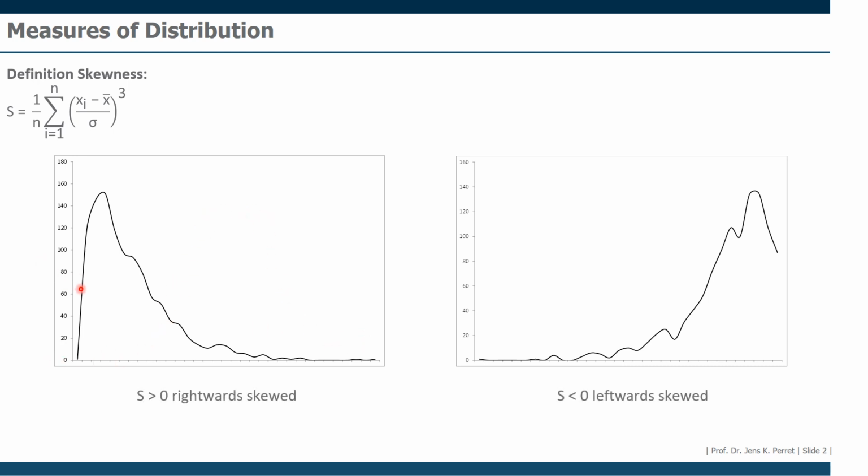Something like this is called rightward skewed. So we're always talking about where we have this long tail happening. And this occurs if our skewness is larger than 0. If the skewness is smaller than 0, we have something which is leftward skewed. So most of our values are in the larger valued area.